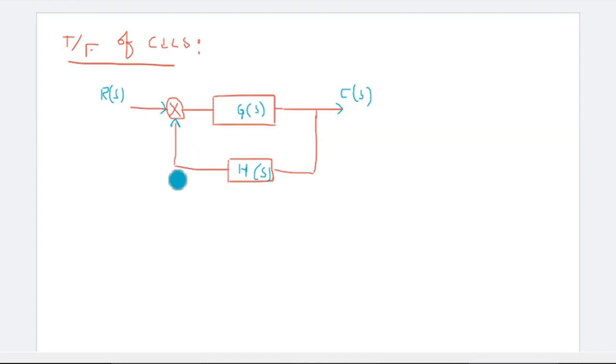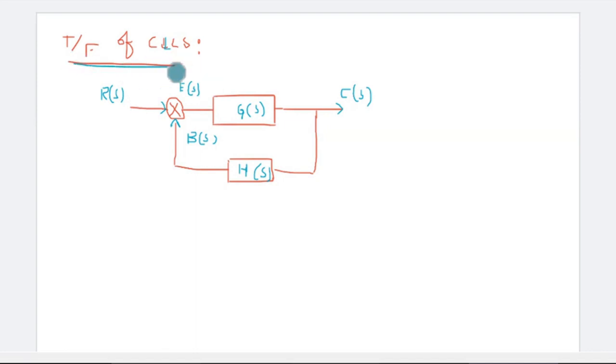Here the feedback signal is B of S, and the error detector generates the error. Consider the output of the error detector as E of S. These are the parameters of the closed loop control system.